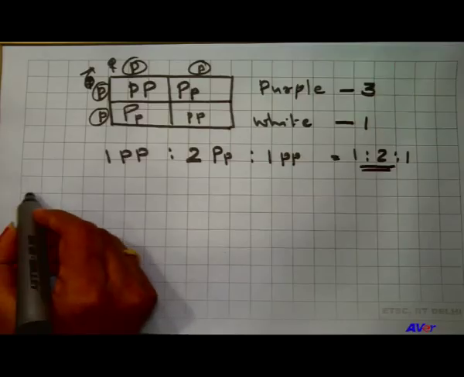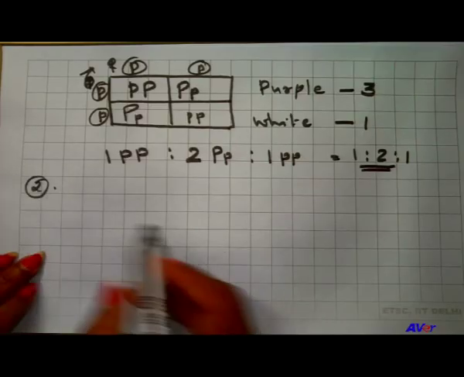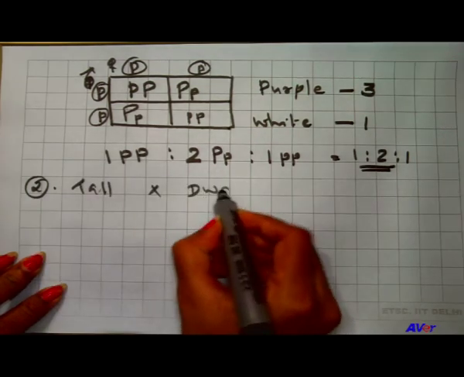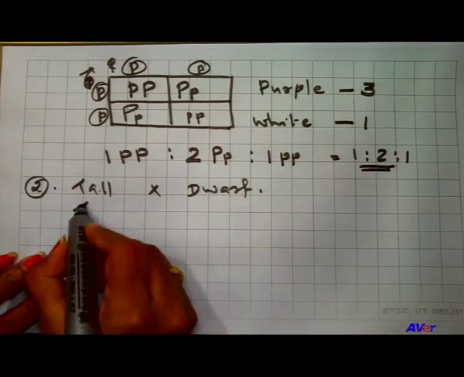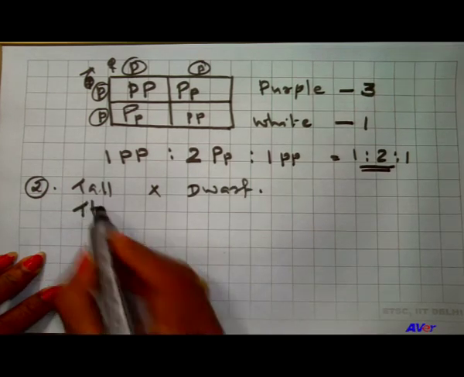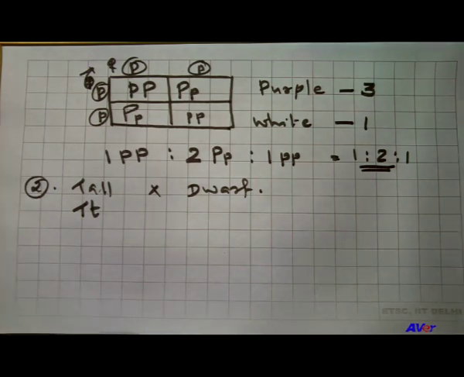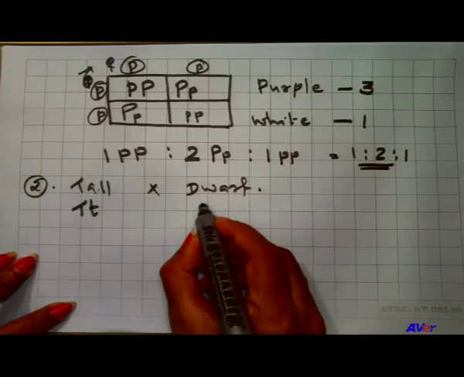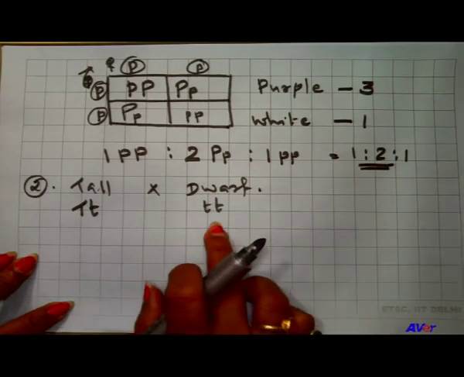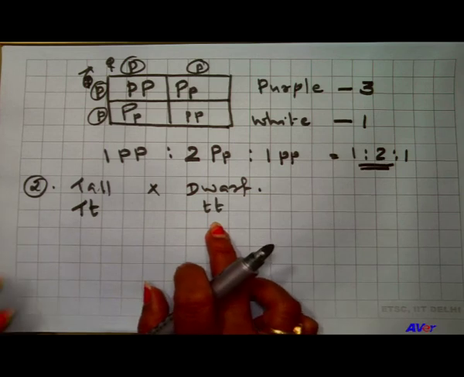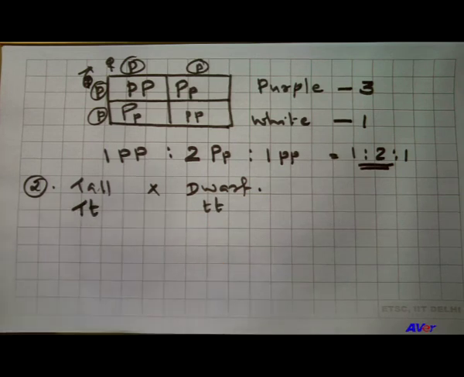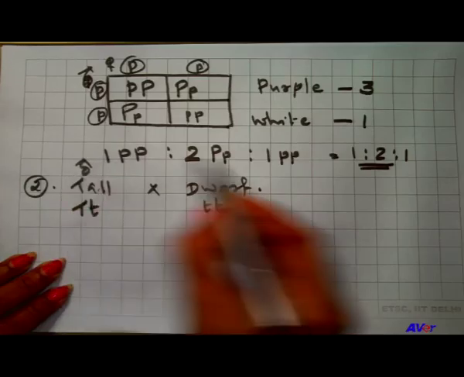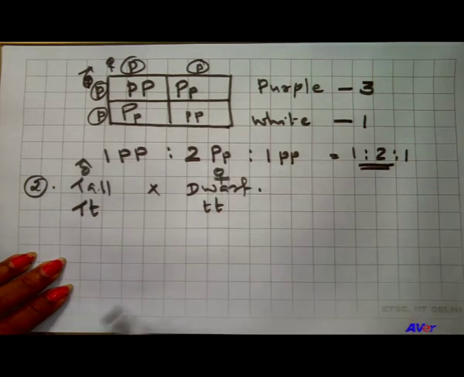So, the answer for this question number 2 is tall into dwarf, capital T, small t tall, because it is already mentioned it is heterozygous for a single locus. So, it is capital T small t. Here it is homozygous, that is dwarf. Dwarf is homozygous and recessive. Heterozygous individual must be taken as male. So, this one will be the male and this will be the female parent.